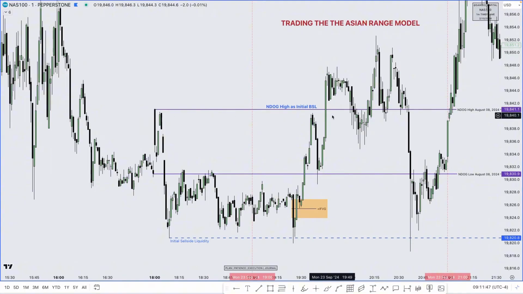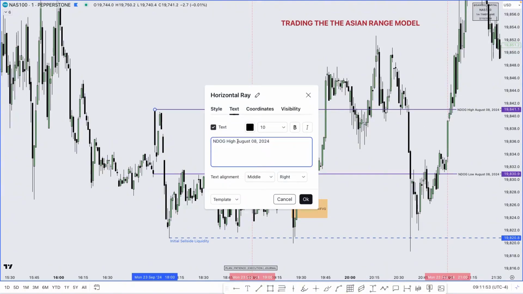The date here, sorry about that, was September 23rd. So we're using September 24, 2024.